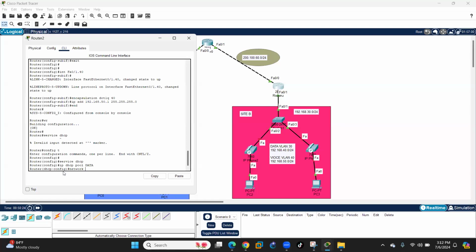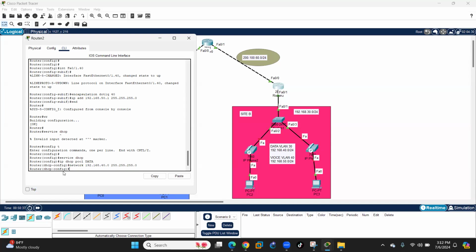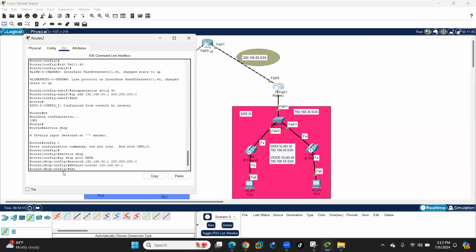Network 192.168.40.0 255.255.255.0. Default router is 192.168.40.1. Exit.